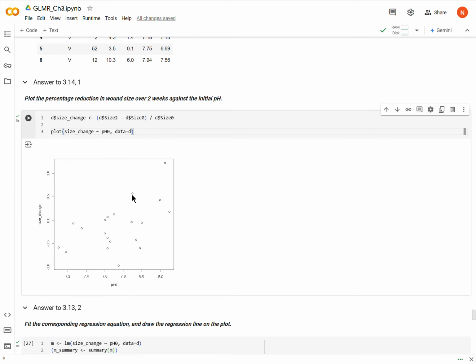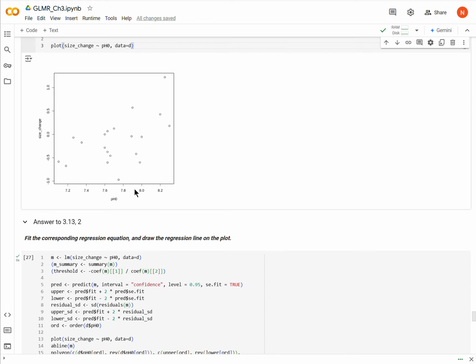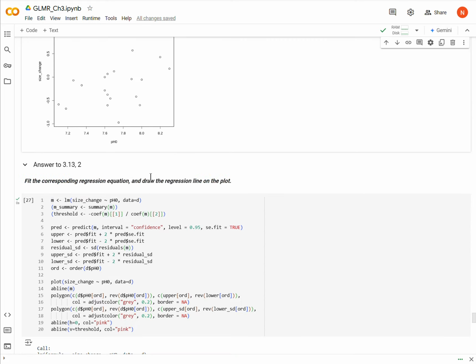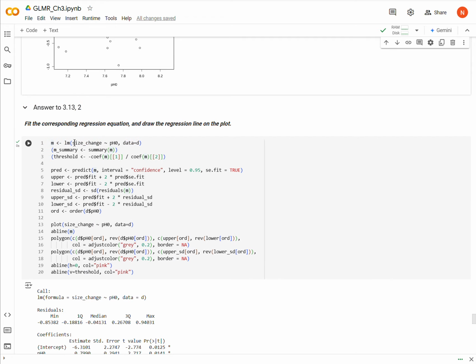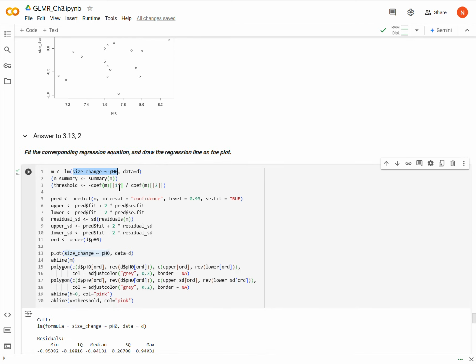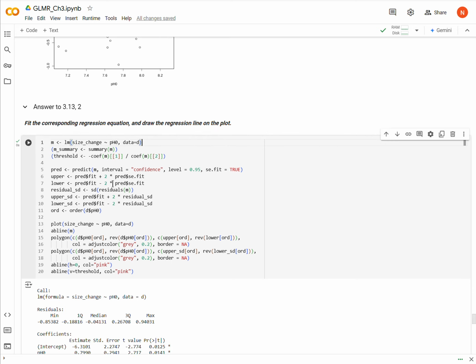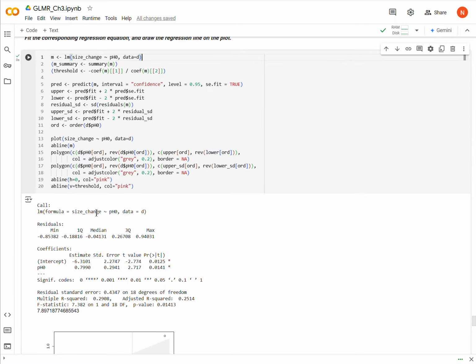Great. Now we're supposed to fit the corresponding regression equation and draw the regression line. Well, we need the regression, and so here I'm using this as my model: size change, the variable we just put in there, regressed on the initial pH. I print out the summary, and we'll come back to the summary later.